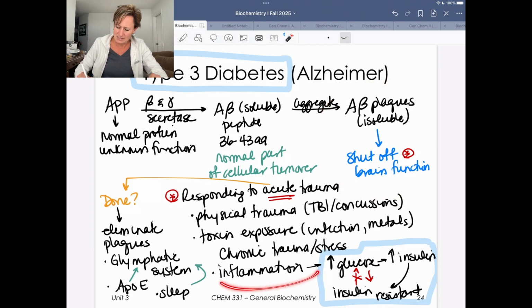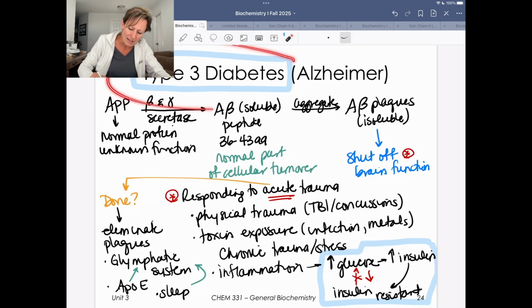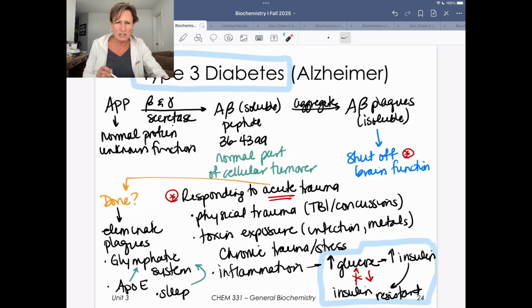But because this inflammation is chronic, your clear out system never gets a chance to operate. You're constantly in that traumatic state. And so that's why Alzheimer's disease, because of its connection to blood sugar dysregulation, is often referred to as type 3 diabetes, the initiation of Alzheimer's disease by that chronic inflammatory state.